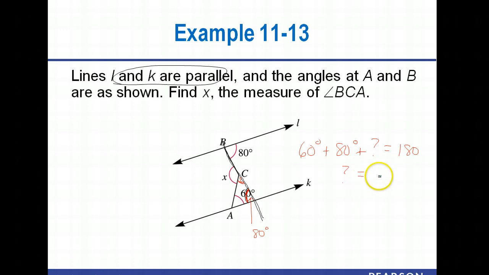So that unknown angle there has to be what? 40 degrees, because when I subtract, yes? Which means if this right here is 40 and that angle is supplementary to x, that means that angle plus x has to be 180 degrees. Well, we know what that little question mark is, right? 40 degrees plus x has to be 180, which means that x has to be 140 degrees.